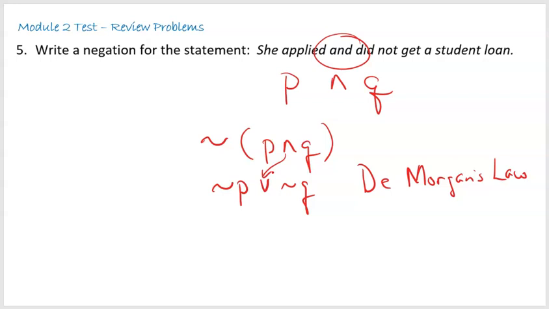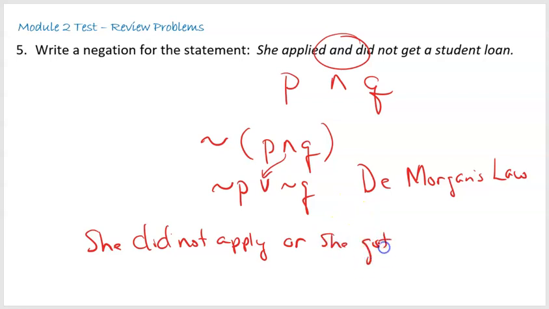Okay, so now I have to write this, not P or not Q. So she did not apply, or she got a student loan. Notice I had to negate did not get a student loan, which was she got a student loan.